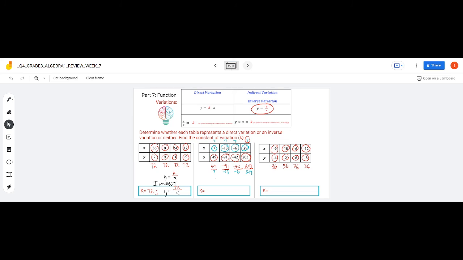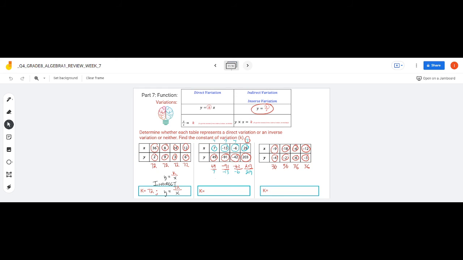So we check, and you can see I basically divided the y with the x, and I got 49 over 7. Divide the y with the x, we get negative 91 over 13. So you can see we don't get the same number, right? So if I say 49, I divide it by 7, I get 7.